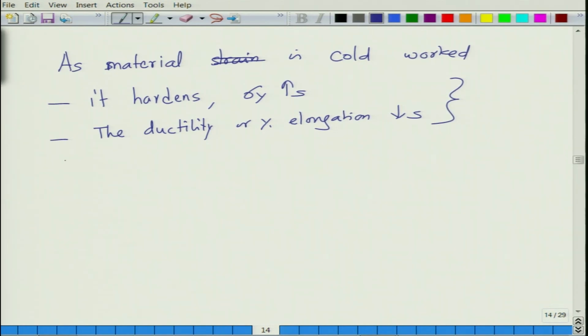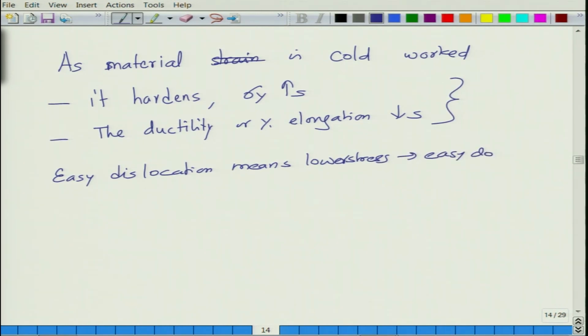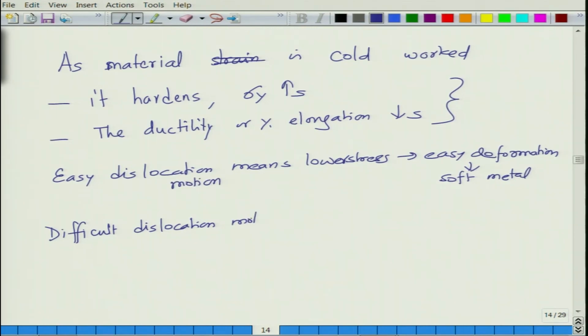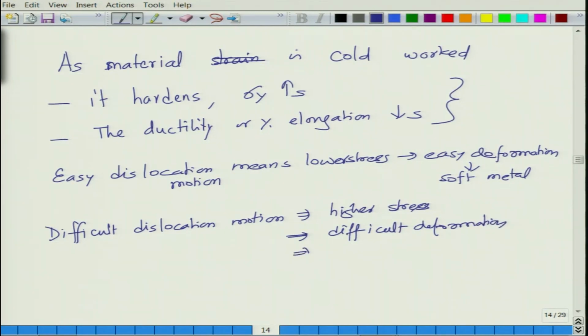So, basically what we are saying here is easy dislocation motion will mean lower stress, which means easy deformation, that is a soft material, soft metal, and difficult dislocation motion will mean higher stress, it will mean difficult deformation and this results in a harder or stronger metal.